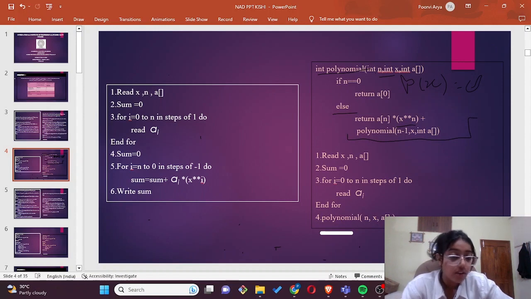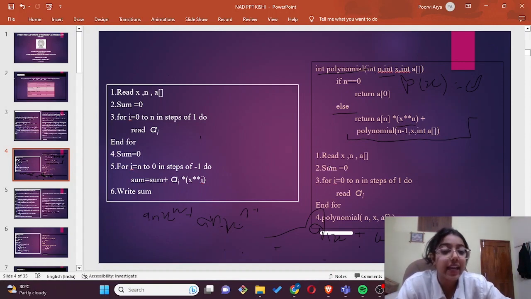That is, we take a n x n plus a n minus 1 into x n minus 1, and the same it goes to a1x plus a0.